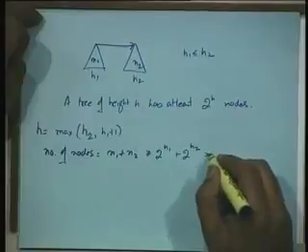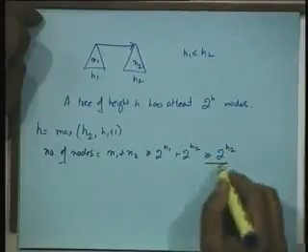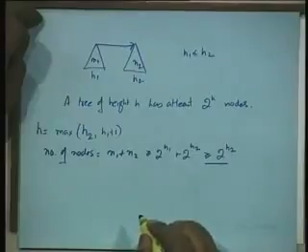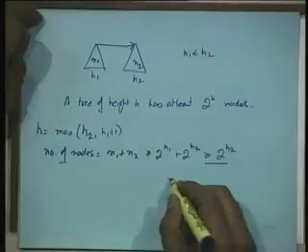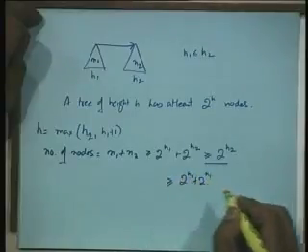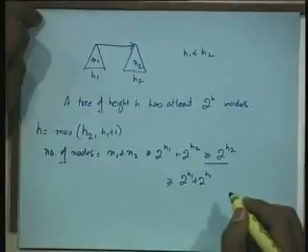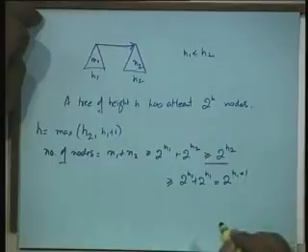So this quantity is greater than or equal to 2 to the h2. That's one way of thinking of it. And since h2 is more than h1, this is also greater than or equal to 2 to the h1 plus 2 to the h1, which is equal to 2 to the h1 plus 1.